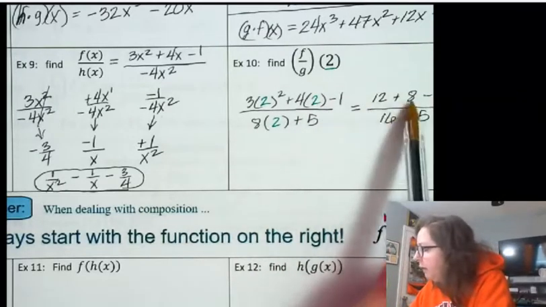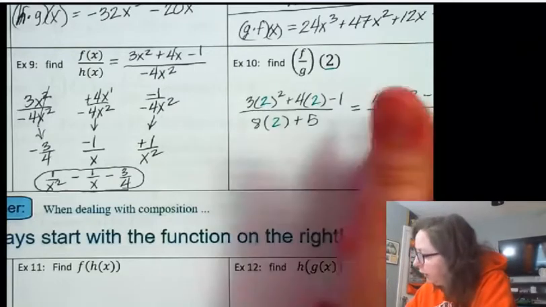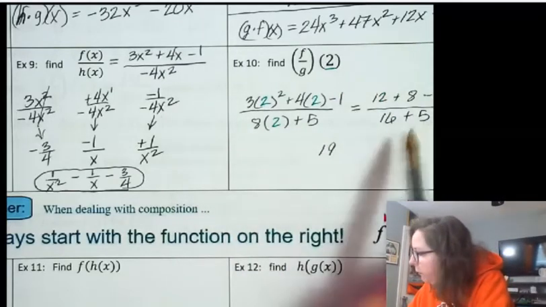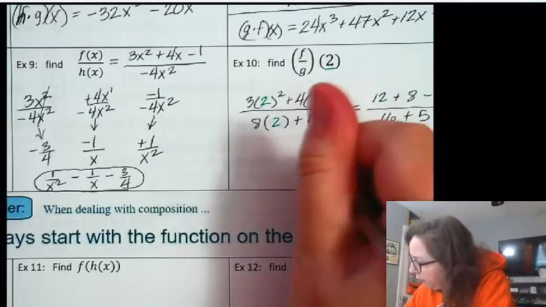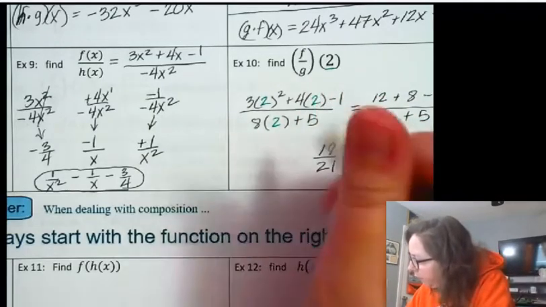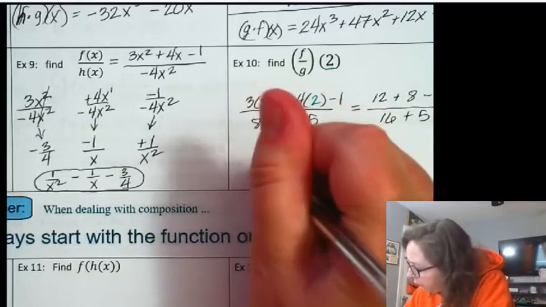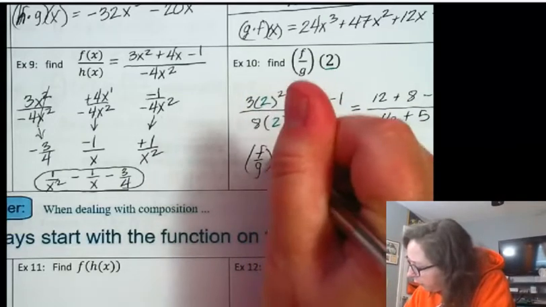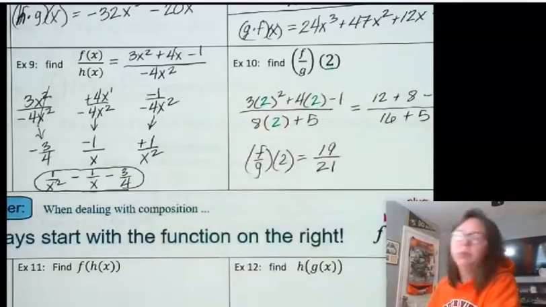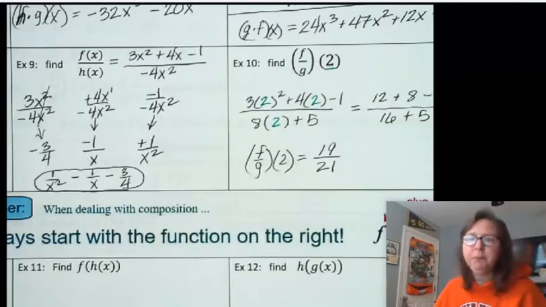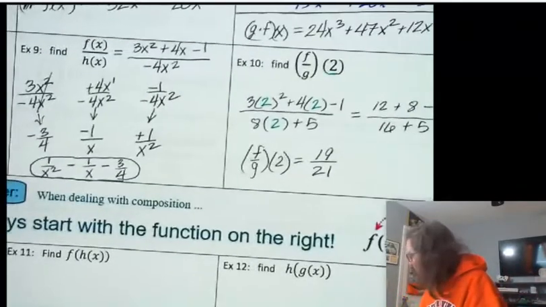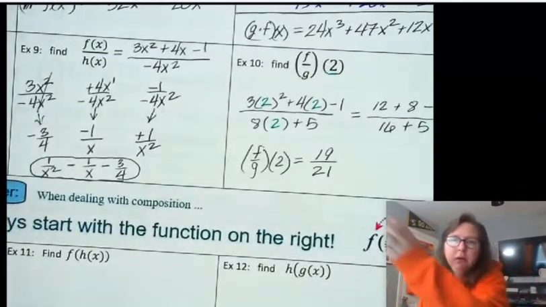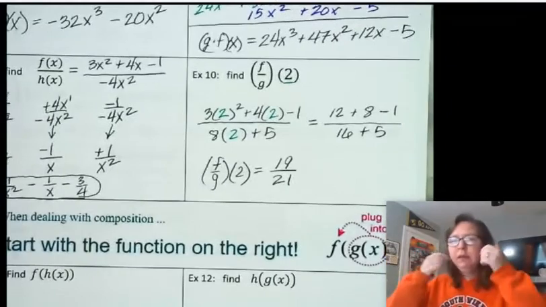Okay, 12 plus 8 is 20, minus 1 is 19, and 16 plus 5 gives me 21. So f over g of 2 equals 19 over 21. Okay, and that's my final answer. Trying to make sure that we can all see it on the screen.